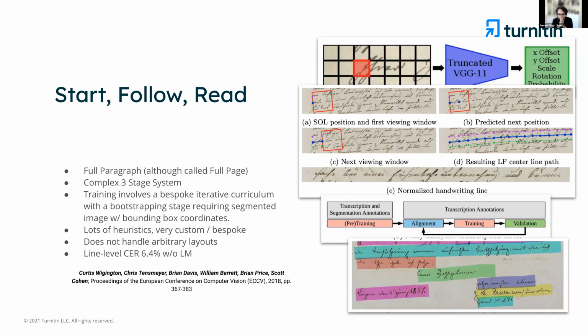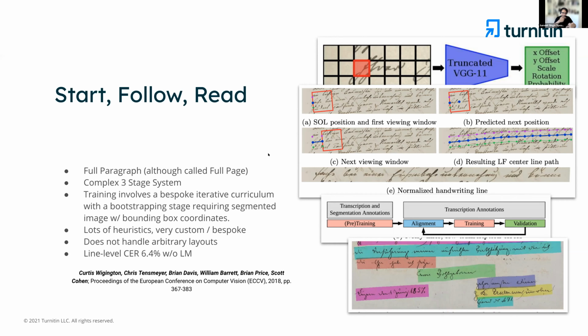Okay, so this is a three-stage system. There is a start of line detector, and then there is a line follower, and finally there is a single line recognizer. And it requires an iterative curriculum. Initially you have to have a little bit of data that actually has bounding boxes and start of line markers, and then you train the start of line position model first, and so on.